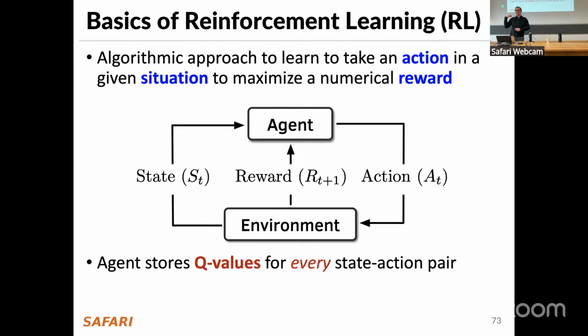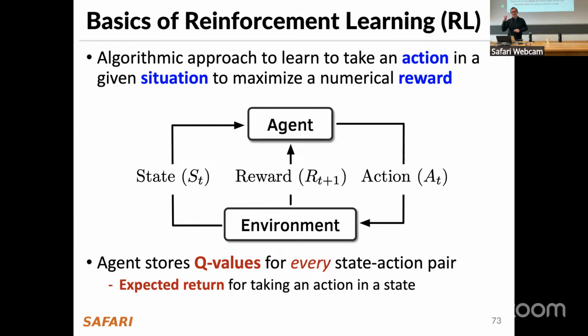In this particular paper, we look at Q-learning, similar to what we have done in self-optimizing memory controllers. The agent stores some quality values for every state-action pair. You quantize the state, and you normally don't quantize the actions, but potentially you could do that. In this case, you don't, because the state may be huge, right? You quantize the state so that you can index a table that stores state-action pairs.